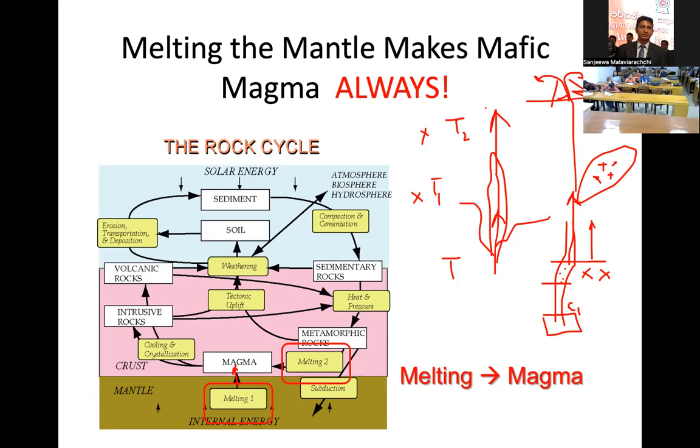Quenching, right? Sudden cooling can happen. This sudden cooling will result in very fast crystallization, and there is no time left for the minerals to be grown in good shapes or good sizes, right? So they will be aphanitic.